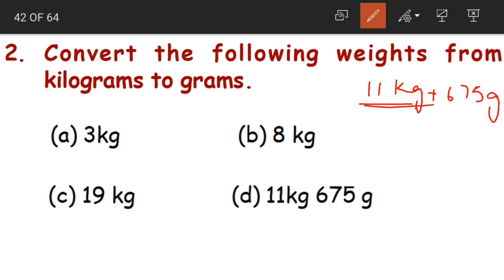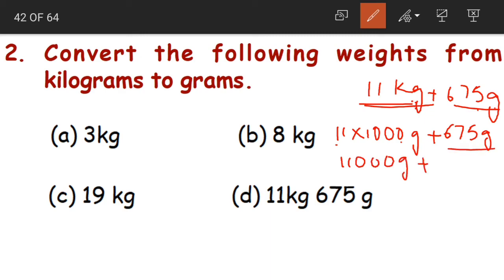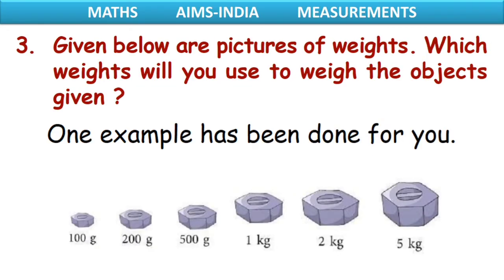And here we have the measure in terms of kilograms, so we'll multiply by 1000, plus 675 grams is already in grams, so we'll leave it as it is. 11 into 1000 is 11,000 grams plus our 675 grams. Now when we add these two together, the answer would be 11,675 grams. Is this clear, children? Converting the weights from kilograms to grams.